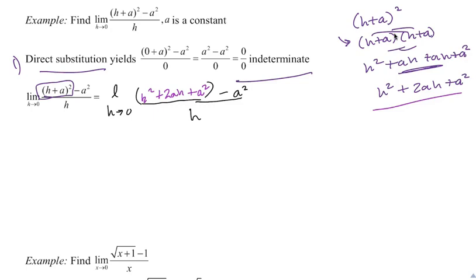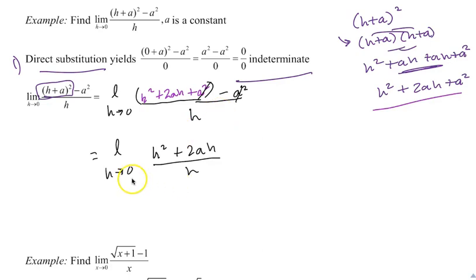I still cannot plug in 0, because I'll still get 0 over 0. So let's simplify the top. Parentheses don't really mean anything unless there's a multiplication sign in front of the exponent, so in this case it's like not having parentheses at all. If you look at it, a squared minus a squared cancel out. Let's rewrite it as the equivalent limit: h squared plus 2ah over h.